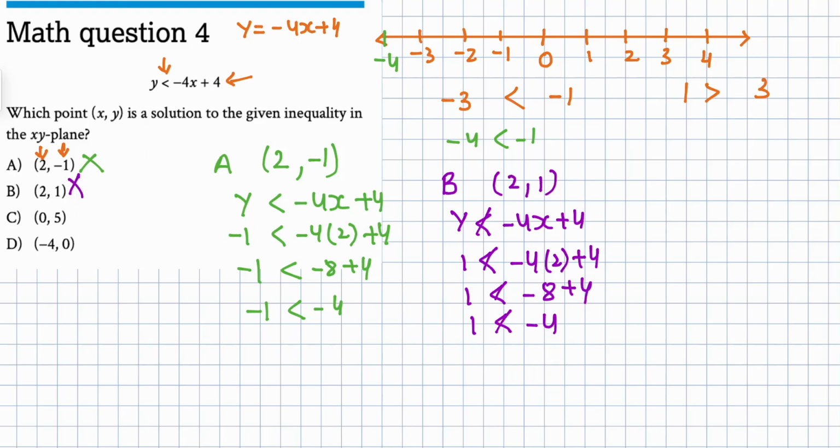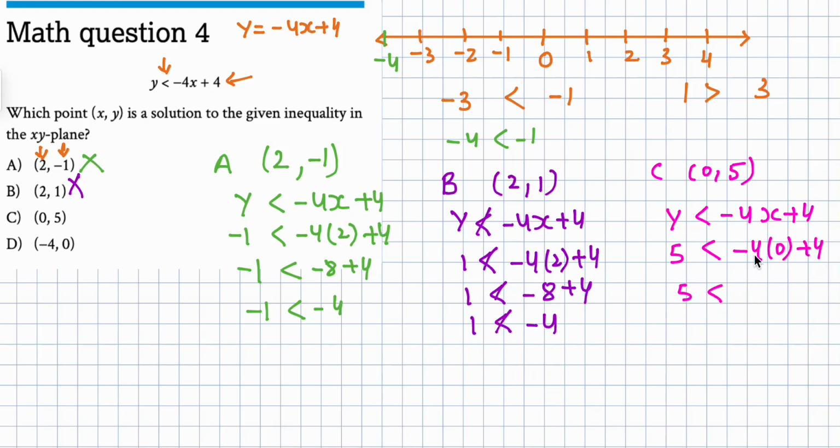Now let's come to option C. C is 0 and 5. So we have to plug it into this inequality. Now x is 0 and y is 5. So 5 is less than negative 4 times 0 plus 4.